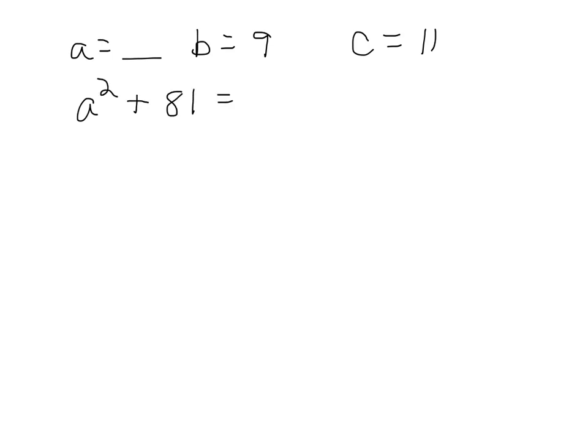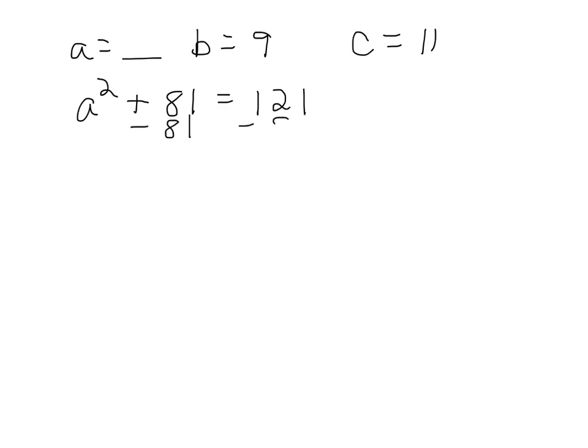No, it doesn't. Okay. Now, you could have a situation where there's one that doesn't come out exactly evenly. Let's say a, we don't know. b is 9. And c is 11. So we know that a squared plus 9 squared, which is 81, equals c squared, which is 121, because that's 11 squared.